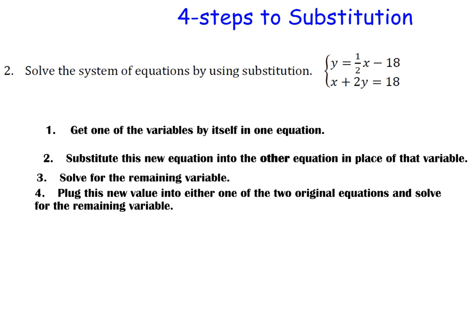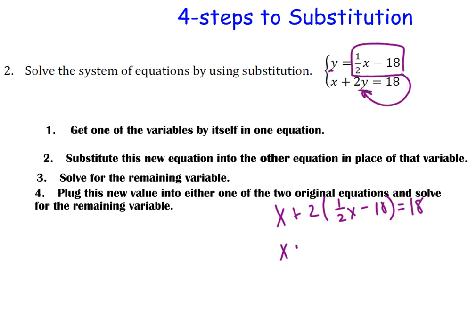So here's what this looks like. y equals all of this, so I'm going to put all of this in for y. So I'm going to have x plus 2, 1/2 x minus 18 equals 18. Instead of this y, I put in all of this.